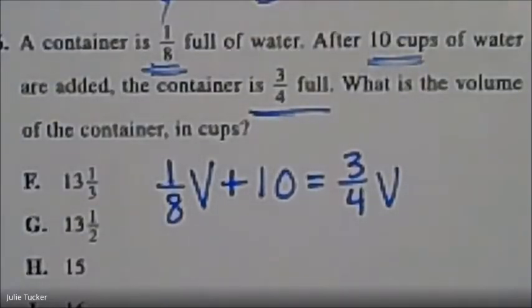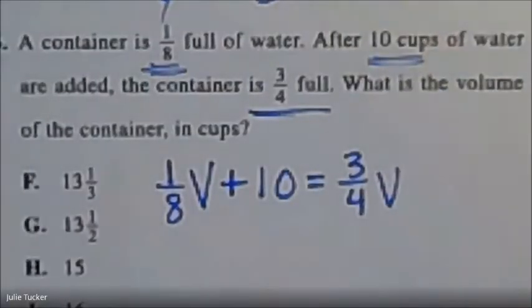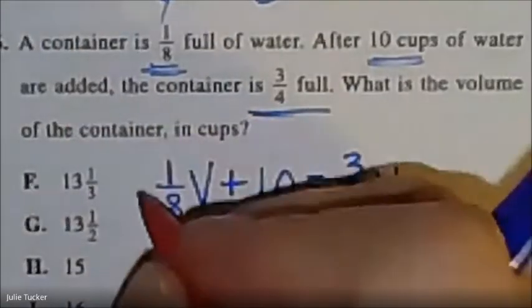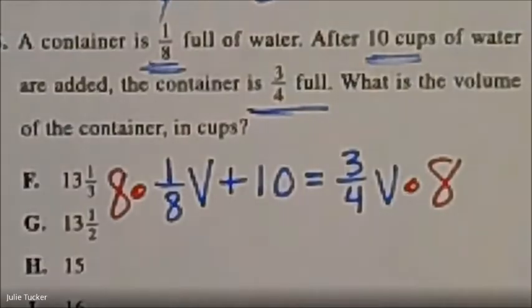What's the least common multiple for 8 and 4 that they both divide to? No. They both divide into 8. 4 divides into 8 and 8 divides into 8. So if we multiply everything times 8, then all of the denominators will be gone.